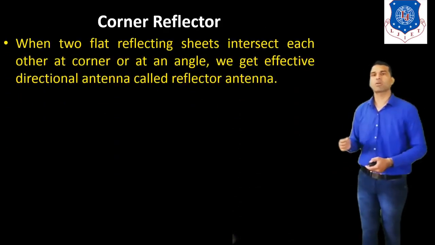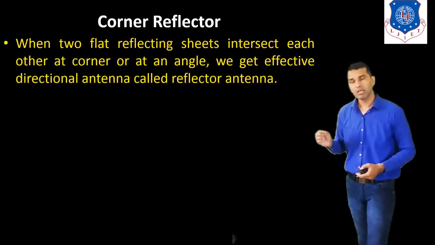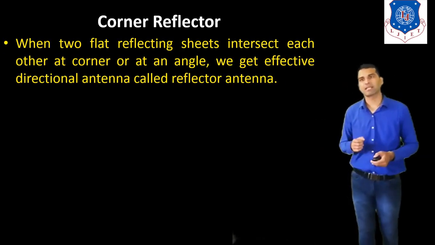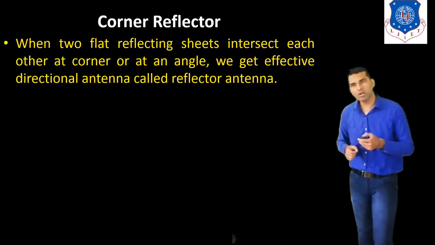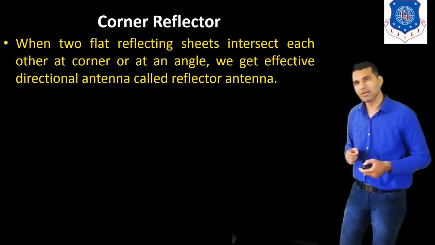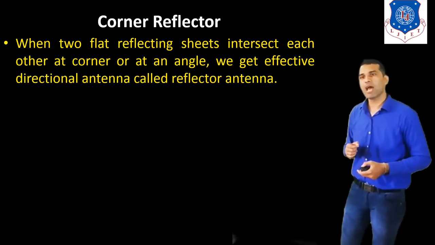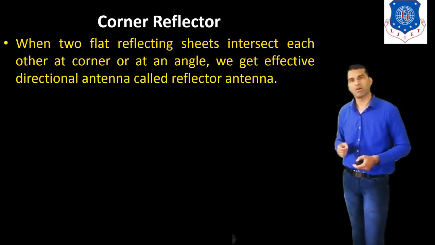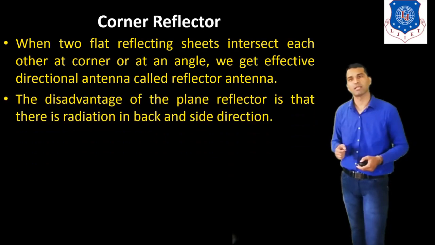Now we discuss the corner reflector. When two flat reflecting sheets meet each other at a corner or at an angle, we get an effective directional antenna, and it is known as a corner reflector antenna.